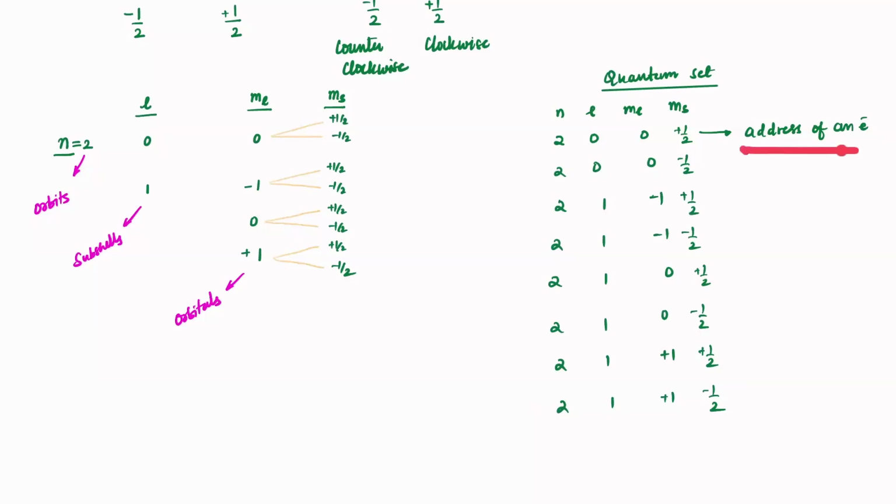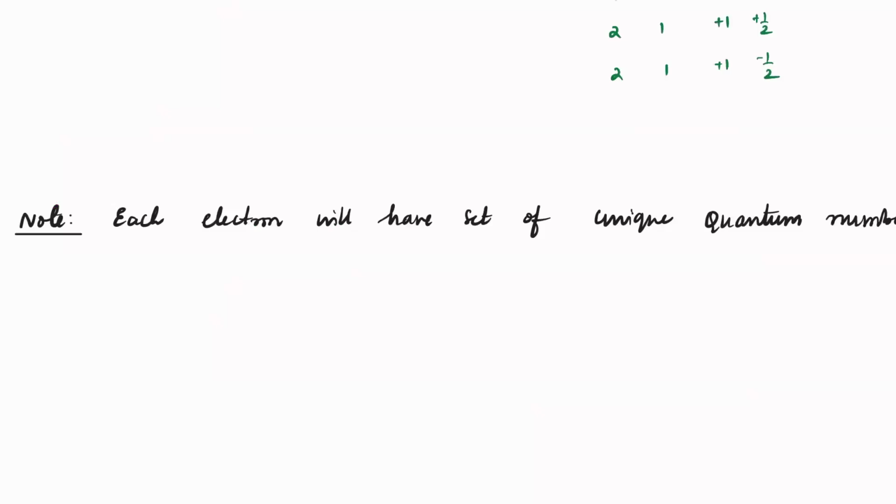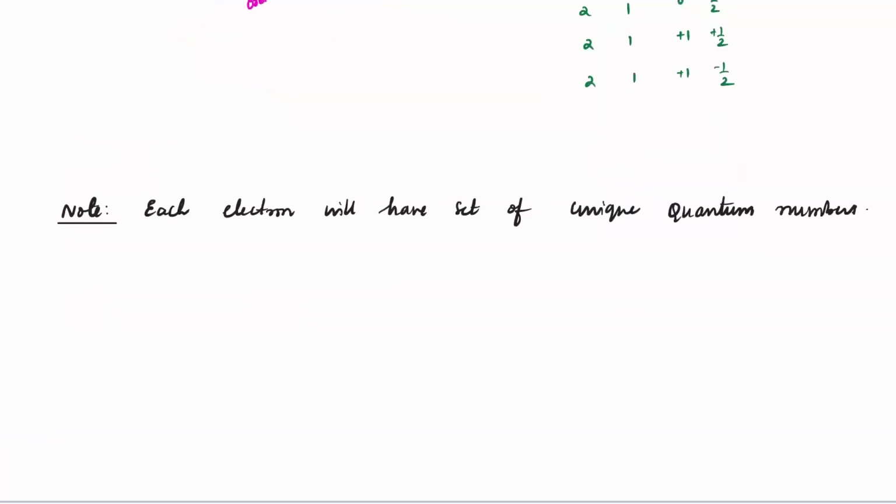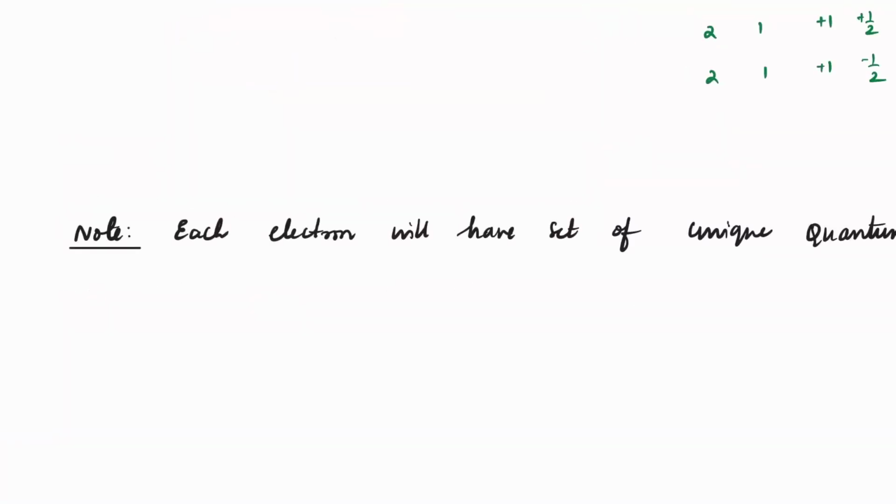This is how you identify the address. Now, given any quantum set, you should be able to figure out whether it is correct or not. Notice one thing, let me put it as a note.